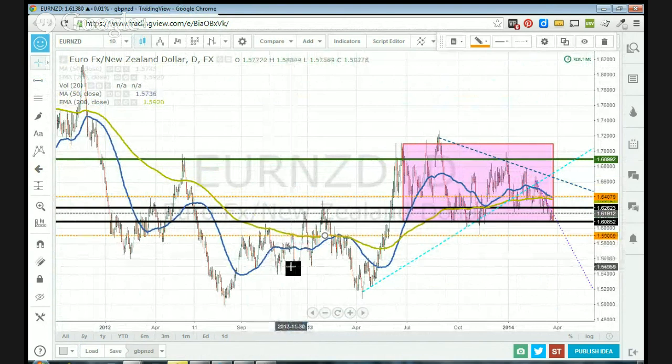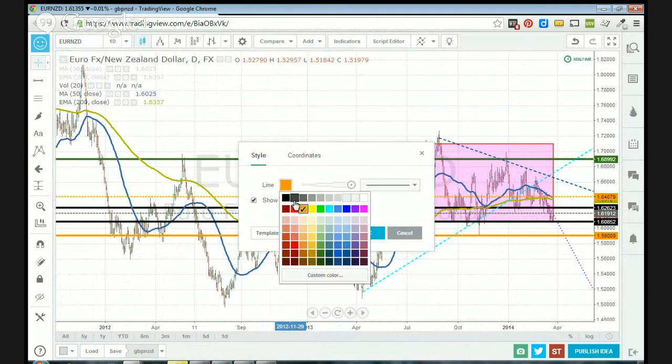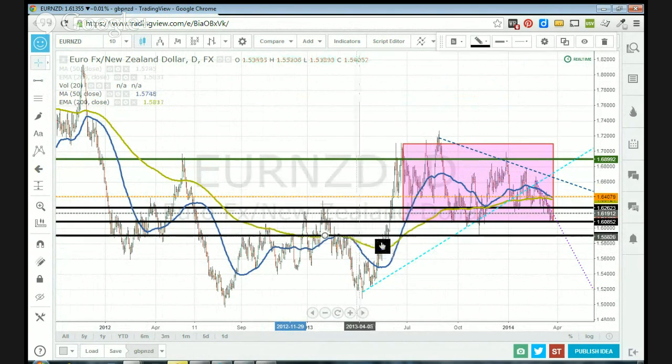Yes, okay. So this is the resistance level. Let's make this black. Solid. Okay. So that is also a support level we would want to enter at.